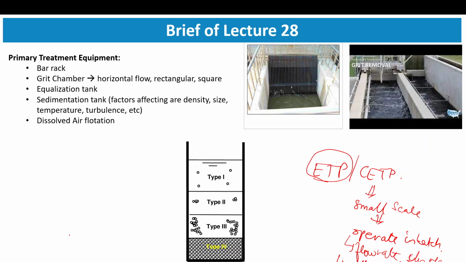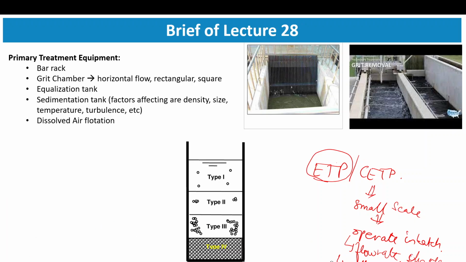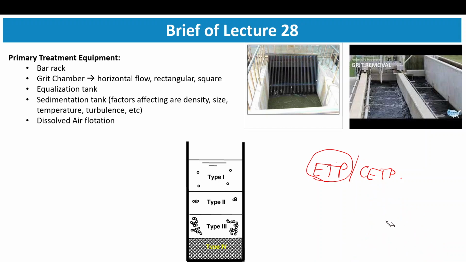If we send wastewater having variable flow rate and variable pollutant load, then, for example, I have already designed a plant and it is running. It will be able to treat only a particular pollutant load and a particular flow rate.